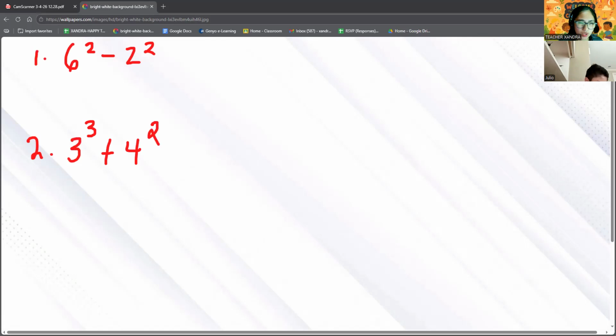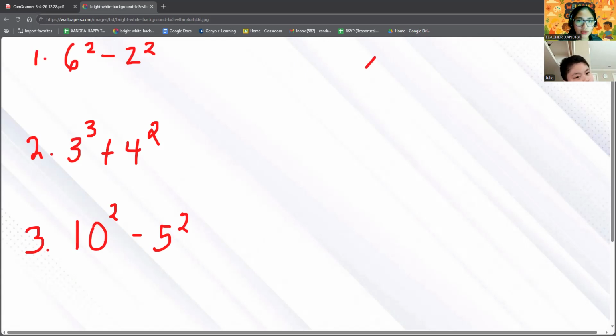So add or subtract. Number one, we have 6 squared minus 2 squared. Number two, we have 3 raised to 3 plus 4 squared. Then we have number 3, 10 squared minus 5 squared.